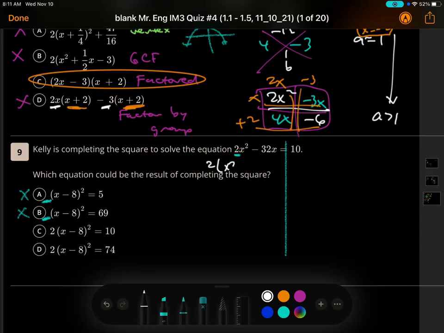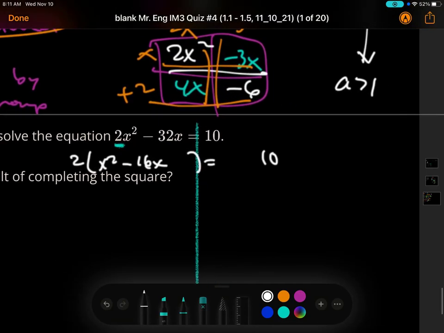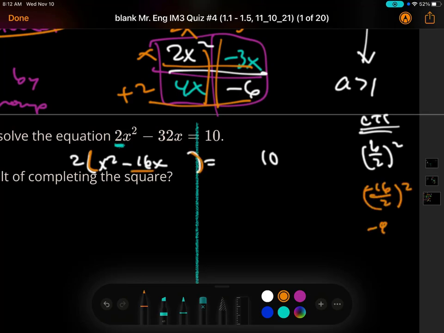So now I'm going to factor out a 2 to make it smaller. So I have 2 times x squared minus 16x. To complete the square, I'm going to use half of the b value and square it. So inside the parentheses, my b value is negative 16. That's negative 8, which is half of negative 16, and you get negative 64.